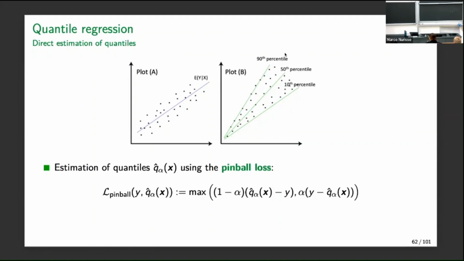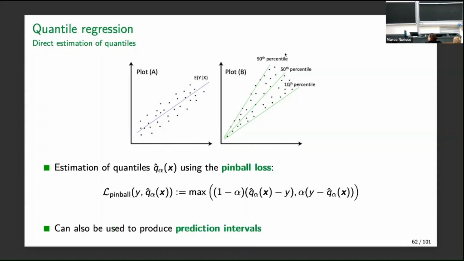It's a specific loss function where we take a maximum over two components: the difference between the predicted quantile and your y, and then the opposite. So only one of the two terms can be positive, and they have a separate weight based on the quantile that you want to model. If you optimize this loss function, instead of estimating the mean, you're going to estimate a quantile, and then you can directly assess this calibration for different quantiles.